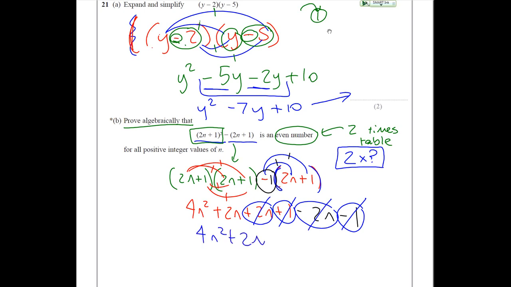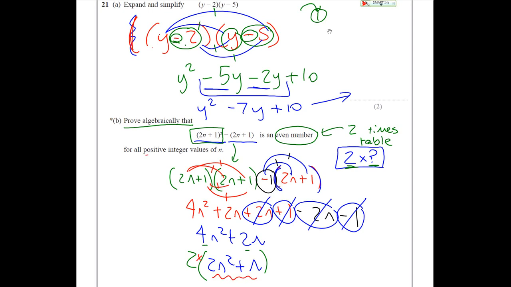Remember that we said we wanted 2 times something. Well, we can factorize out a 2 from this bracket, because 2 goes into 4, and 2 goes into 2. And then what we need in the first bit is 2n squared plus n. So it's 2 times something. So how can we show that this something is just a number?